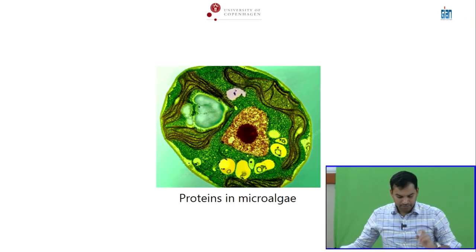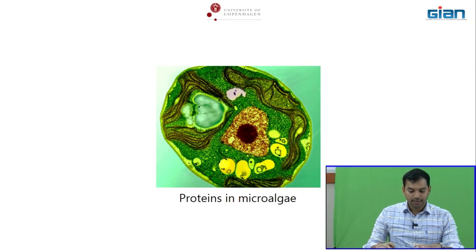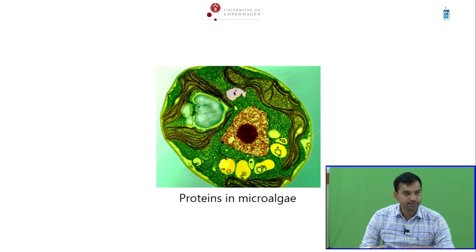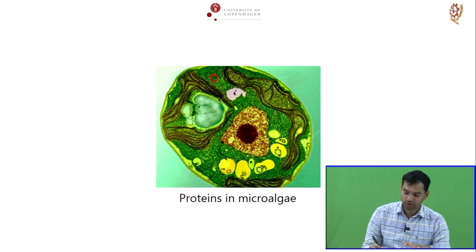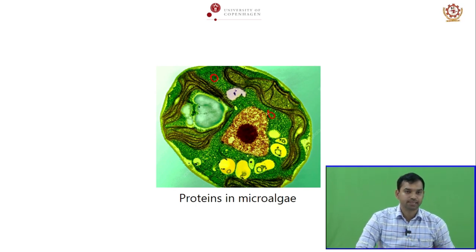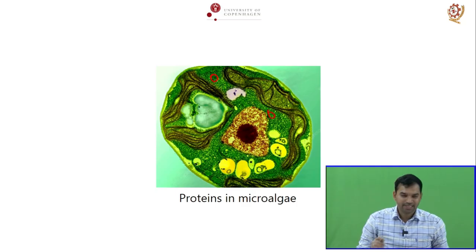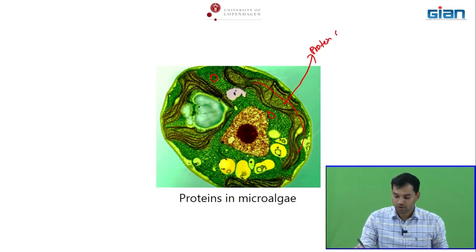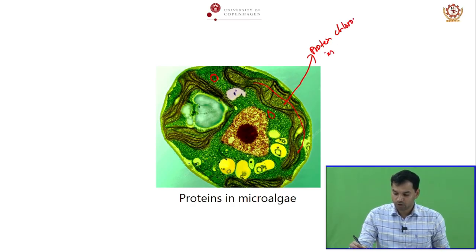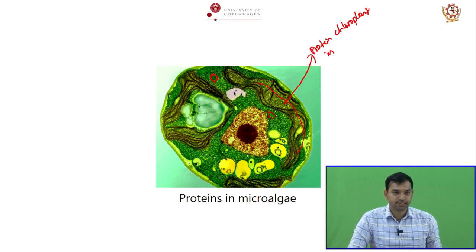So, I can skip this slide. It's not so important. In case of microalgae, they don't have specialized vacuoles to store the proteins compared to plants. They say that they're present in the chloroplast. This is chloroplast. So, the proteins are located in chloroplast. Chloroplast, you know, right? The light harvesting pigment that helps in photosynthesis, okay?